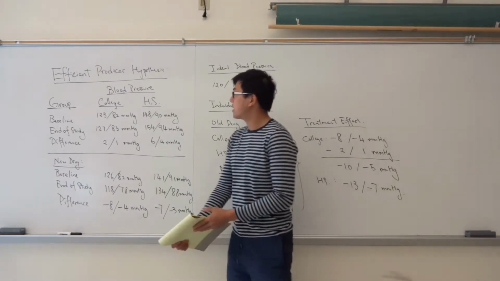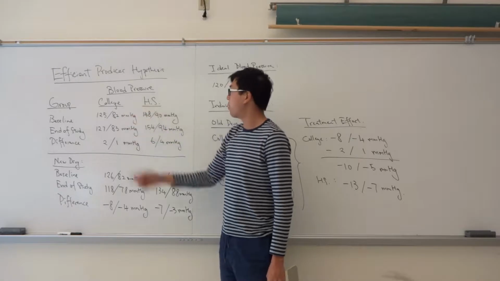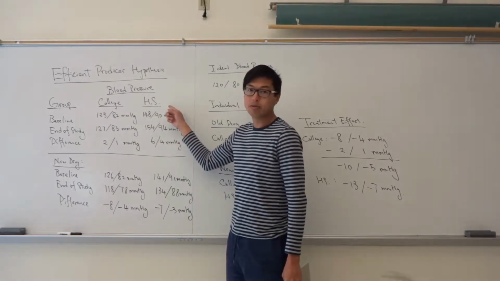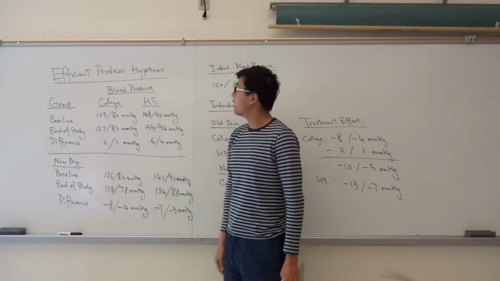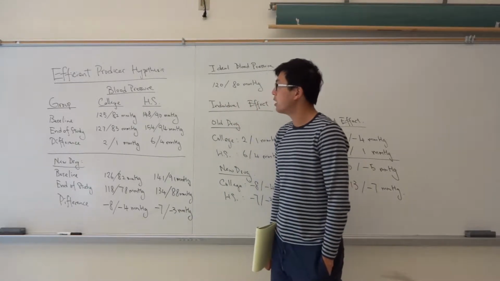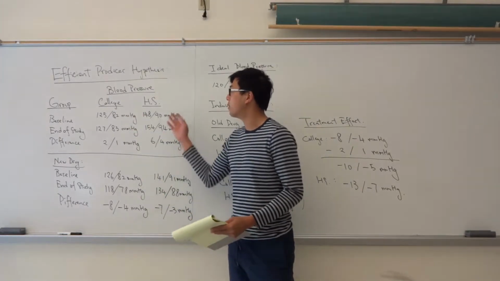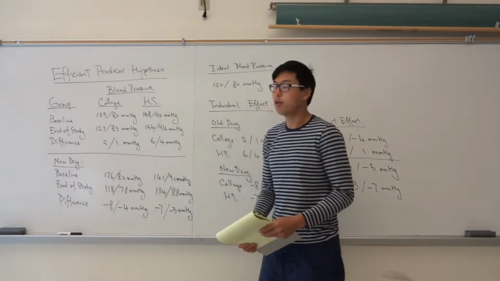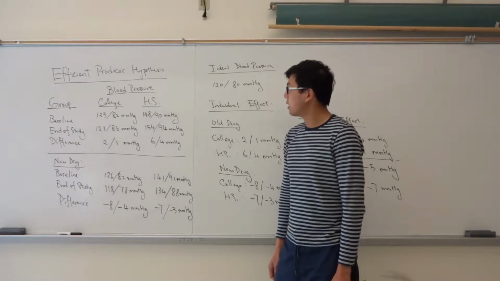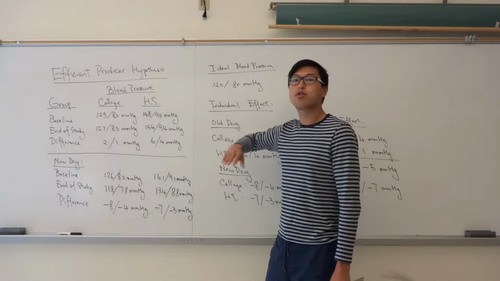One group is people from college, and the other group is people who are only high school graduates, or completers of their high school degree. So obviously one group has a higher education attainment and the other a lower education attainment.